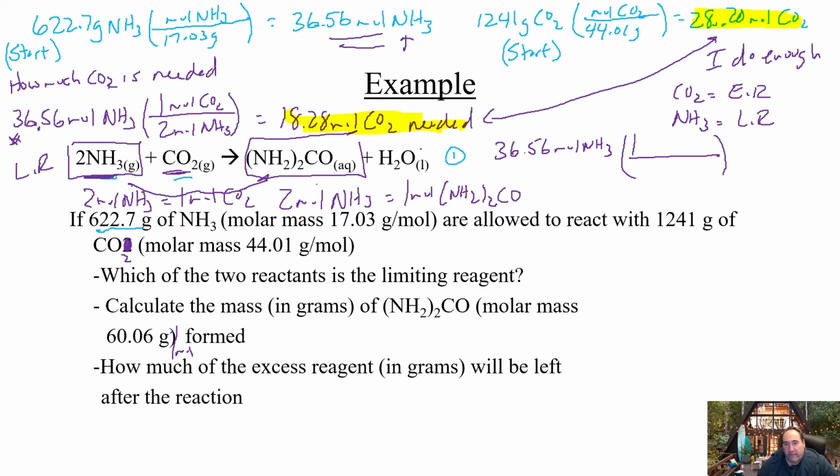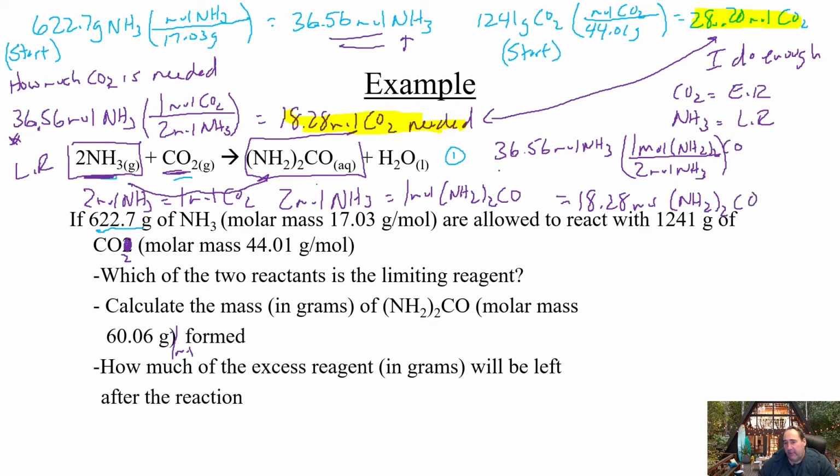So we're going to put moles of our product up on top because that's what we're looking to end with, and moles of our limiting reagent on the bottom, which is 2. That's going to give us 36.56 divided by 2, 18.28 moles of our product here.